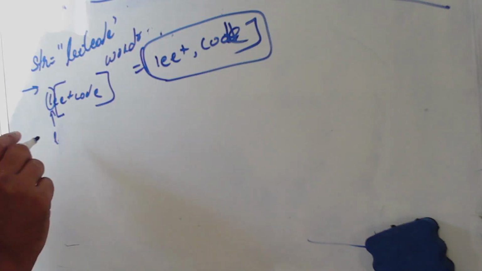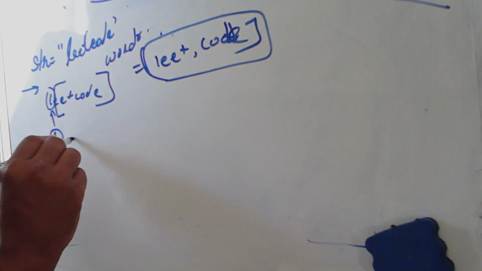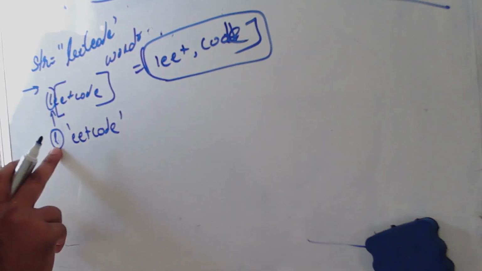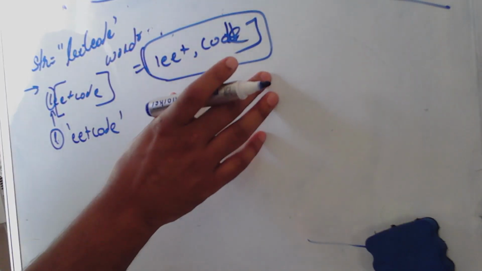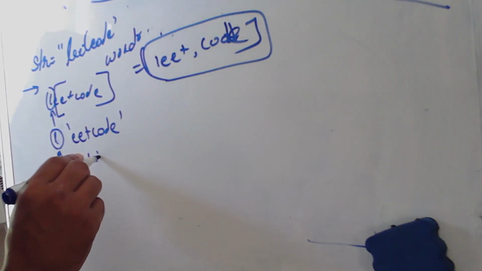We choose L to compare in the dictionary, and the rest of the word is now eetcode. So we compare: is it present in the list?